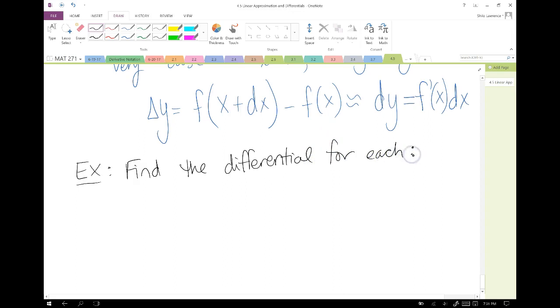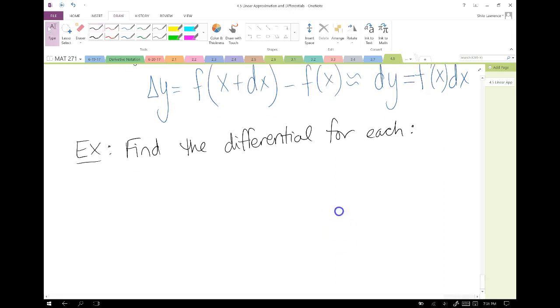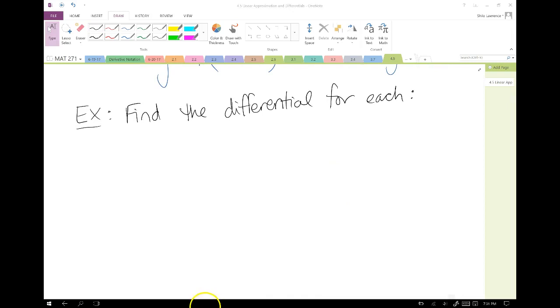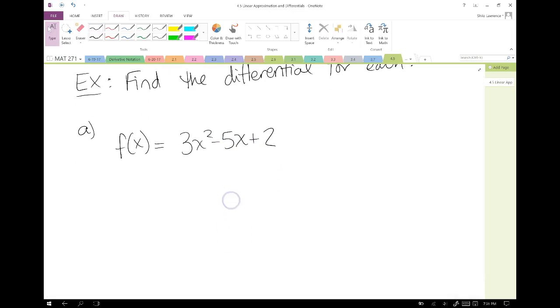And this is just a formula that's going to tell us how the y value is changing if we know how much the x value is changing. So on the graph of f of x equals 3x squared minus 5x plus 2, we're going to find the differential.